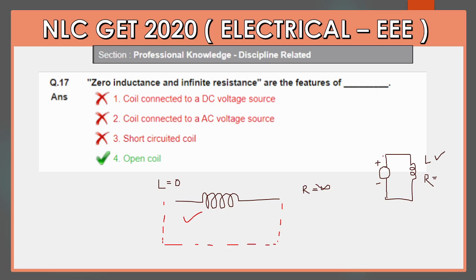If you connect the inductance to a source, you can say some value of L is there, and you can predict the values of R also. But as it is not connected to any source, you can say L is 0 and R is infinity. So the answer will be open coil.